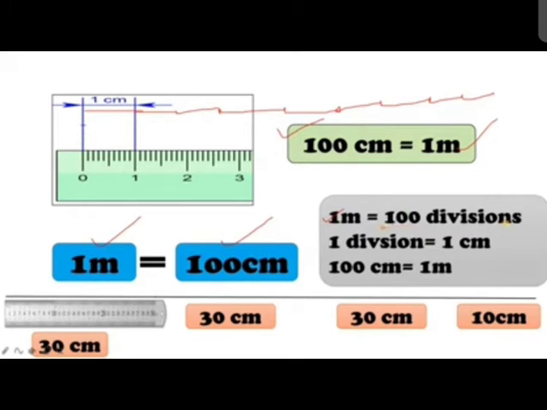And 1 meter is equal to 100 centimeter, or 100 centimeter is equal to 1 meter. So 1 meter is equal to 100 divisions, where 1 division is equal to 1 centimeter. So if we add 1 centimeter 100 times, it will be equal to 1 meter.